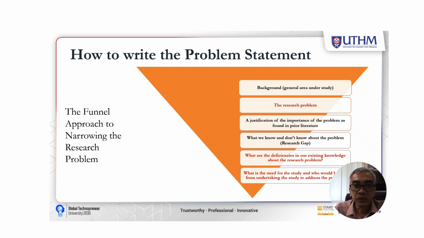That is your research gap. Then we highlight the deficiencies in existing knowledge. And finally, we conclude with the specific research problem and the need for the study. So the funnel ensures that your problem statement is logical and progressively focused.